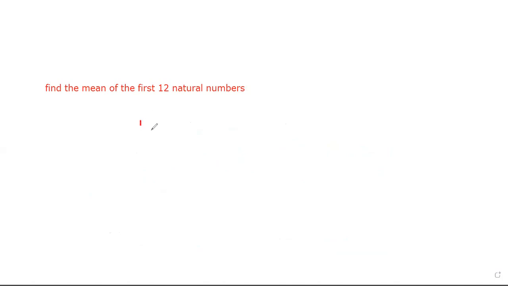First 12 natural numbers means 1, 2, 3, 4, 5, 6, 7, 8, 9, 10, 11, 12. In case they ask for the first 12 whole numbers, you will start from 0. You will assume 0 as the first term for whole numbers.